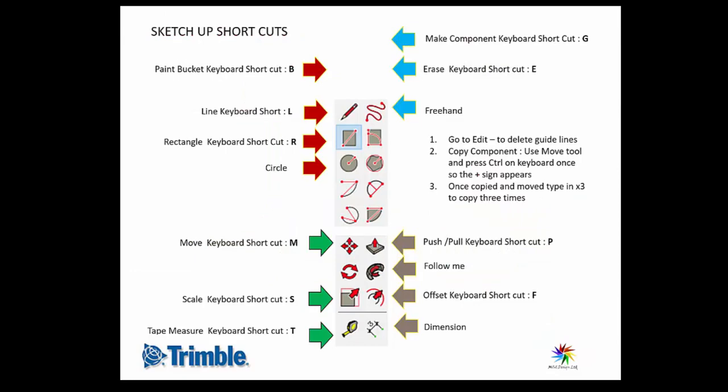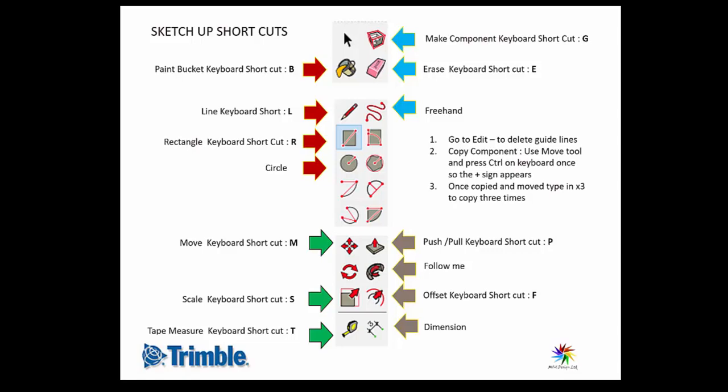So let's start looking at SketchUp first of all. First of all, let's just go through the principles of what SketchUp will provide for us. There are a series of shortcuts that we have within SketchUp. So, for example, for the paint bucket, the shortcut is B. We have the line keys. We have a rectangular shortcut. We have circles.